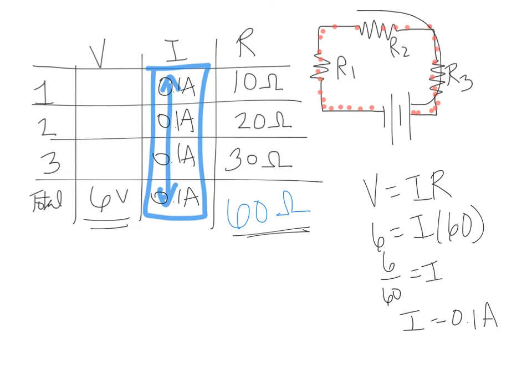It flows around the whole circuit and goes back to the other side of the battery. Well, now that I know 2 out of 3 in V equals IR, I can just multiply across. So V equals I times R. So 0.1 times 10 is 1, 0.1 times 20 is 2, 0.1 times 30 is 3, and 3 plus 1 plus 2 gives you 6. And that shows you that all 6 volts provided were used.